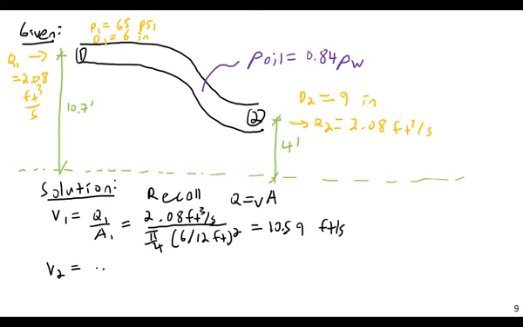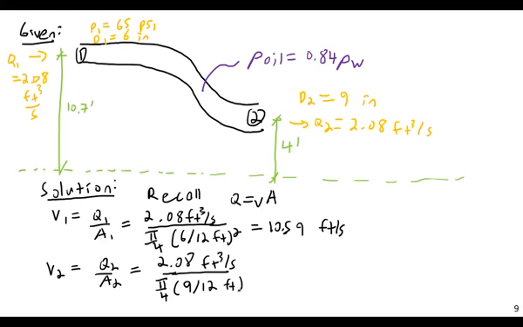And then V2 is going to be equal to Q2 over A2, which is the same flow rate, 2.08 cubic feet per second, over pi over 4 times 9 over 12 feet, quantity squared.